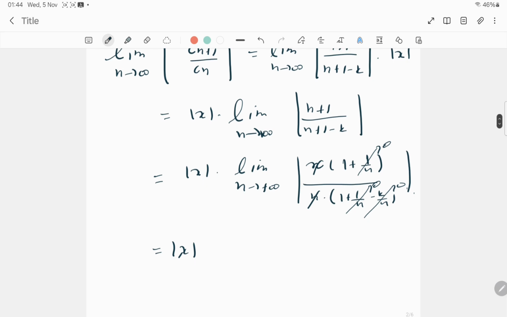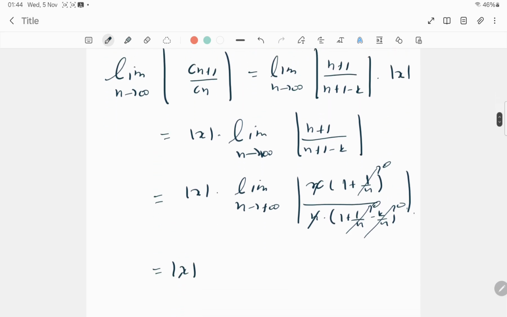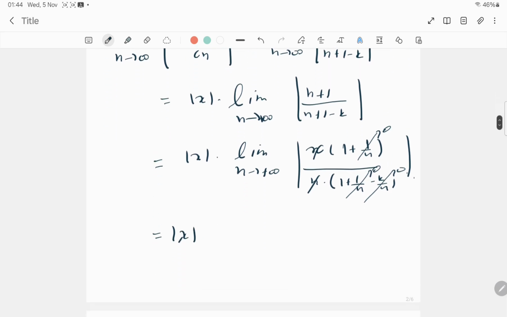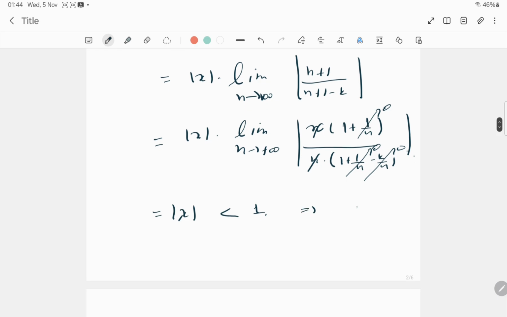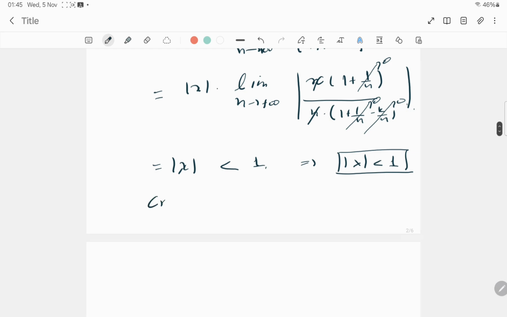And you have that the limit of this ratio is going to be the absolute value of x, and by the Cauchy test we know that this should be strictly less than 1 in order to converge. So we have that the absolute value of x should be strictly less than 1. So this is the criterion for convergence.